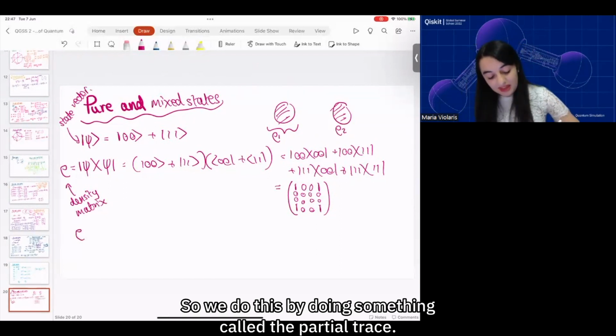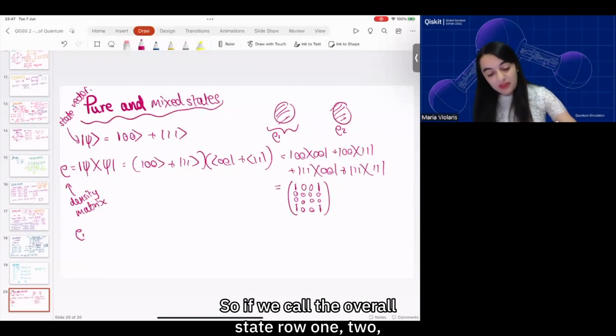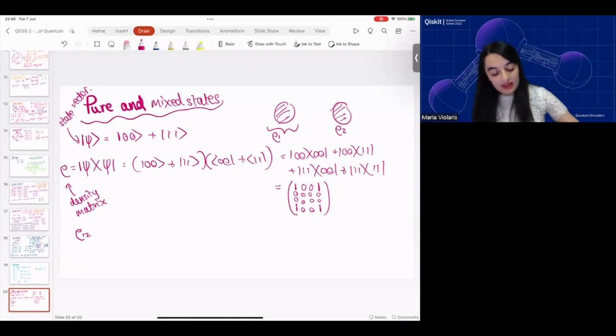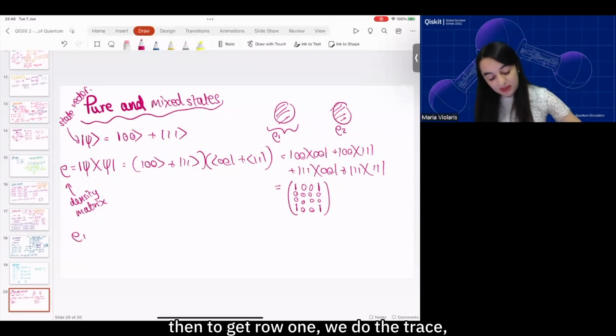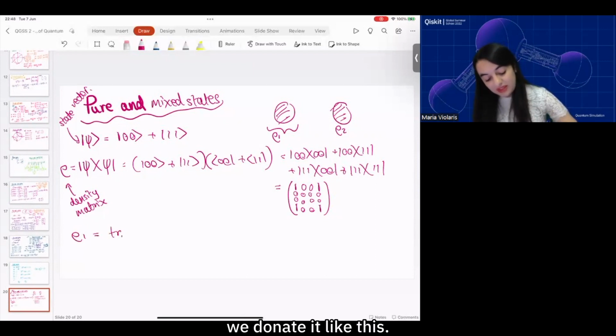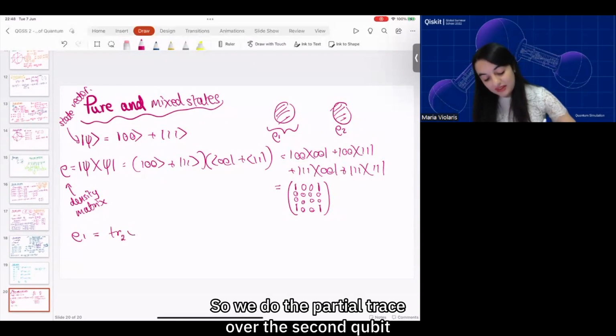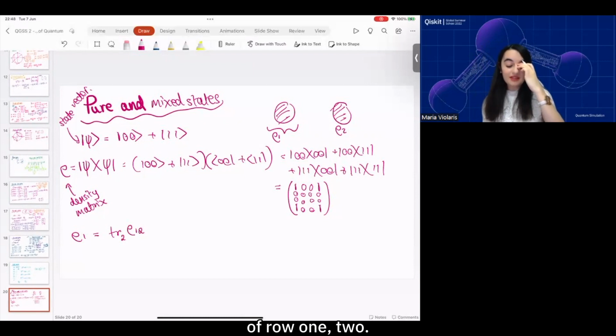We do this by doing something called the partial trace. So if we call the overall state rho 1, 2, then to get rho 1, we do the partial trace over the second qubit of rho 1, 2.